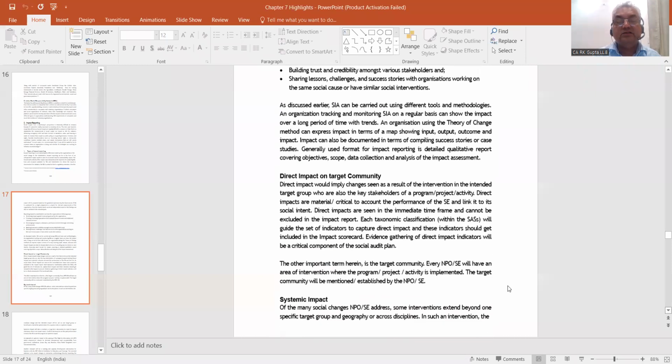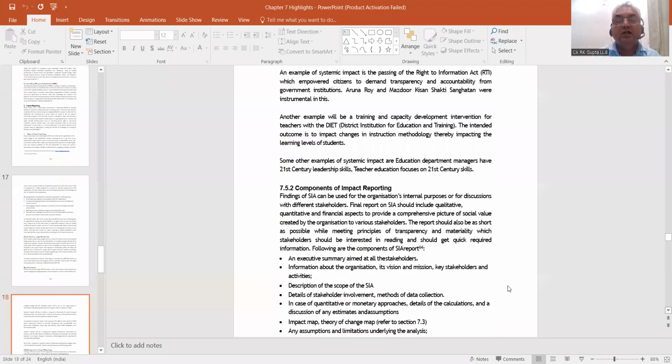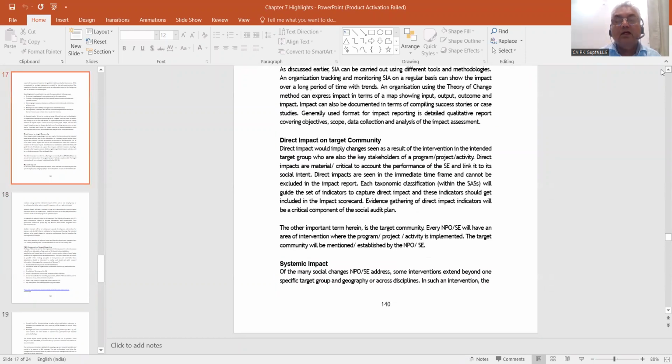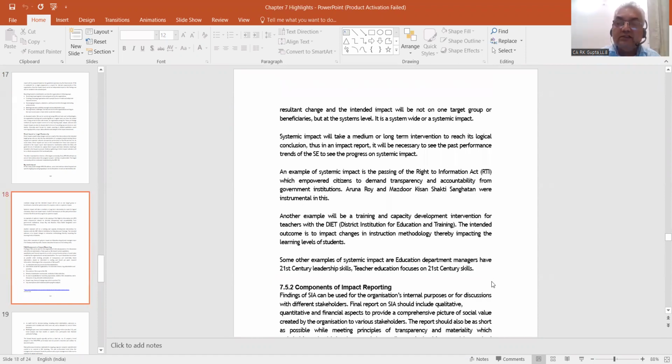Now, systemic impact. Of the many social changes these NPOs or social enterprises address, some interventions extend beyond one specific target group and geography or across disciplines. So in such an intervention, the resultant change and the intended impact will not be on one target group or beneficiaries, but at the systems level.